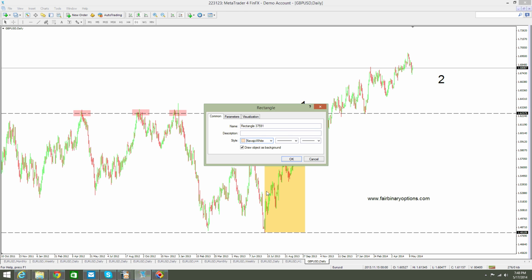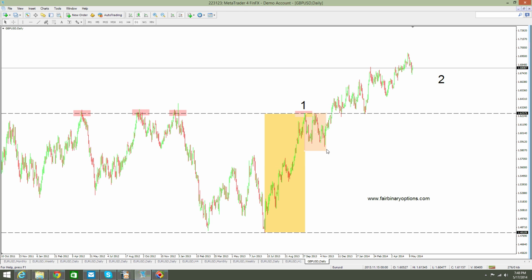The other one that goes against the previous trend, but this is being called a running variation of a contracting triangle. A, B, C, D, and probably the E wave here, making a D, and then E, and then to move higher.